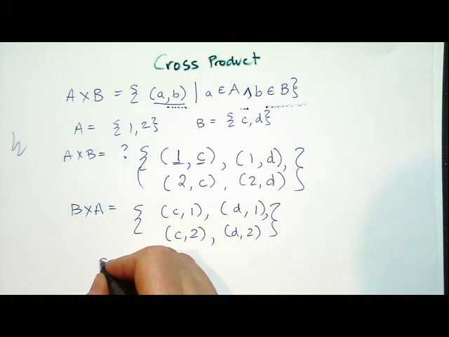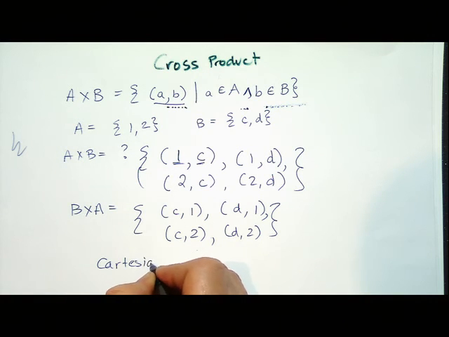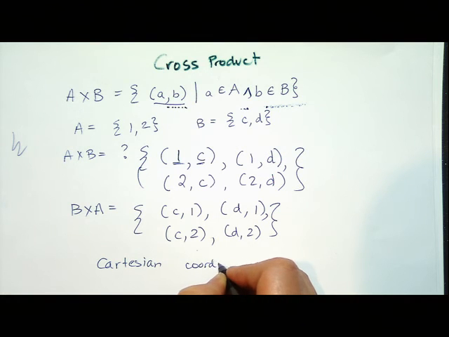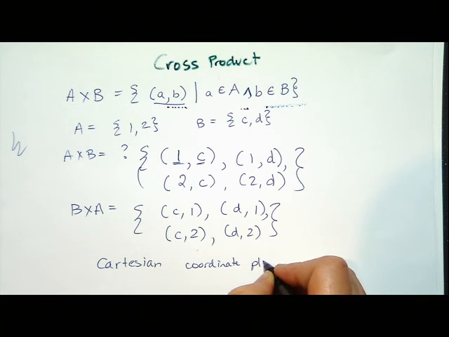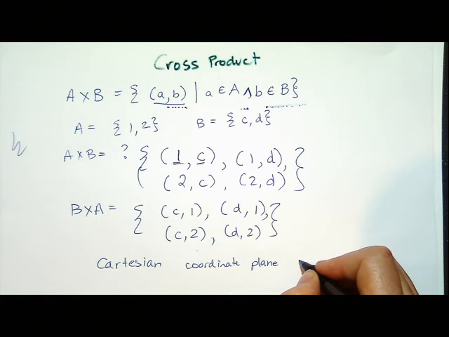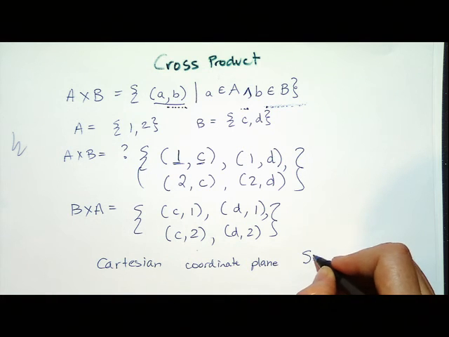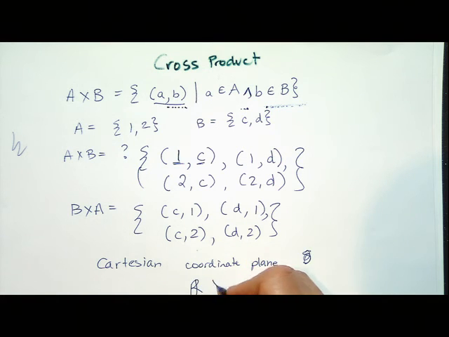So the Cartesian coordinate plane is the reals crossed with the reals. So every single point on a Cartesian coordinate plane is in a cross product of the reals with the reals.